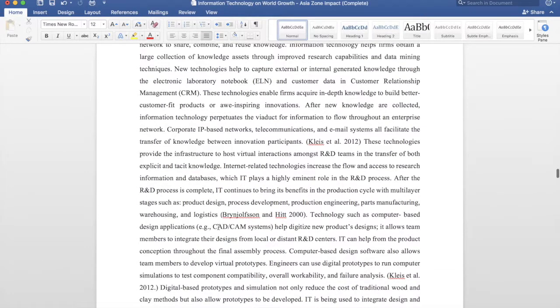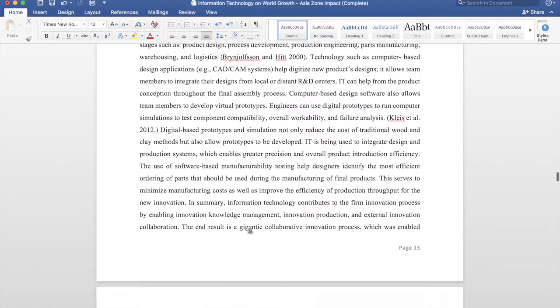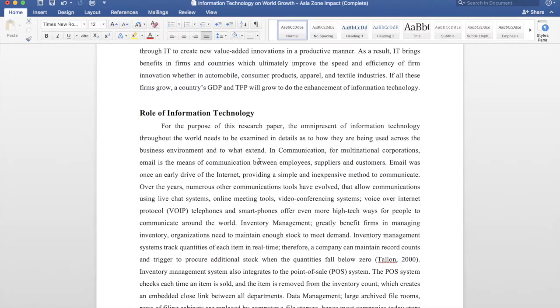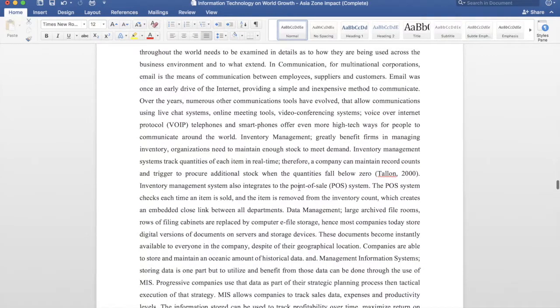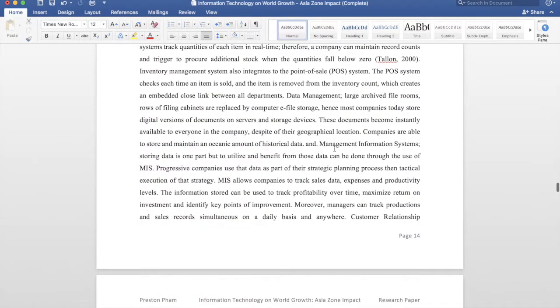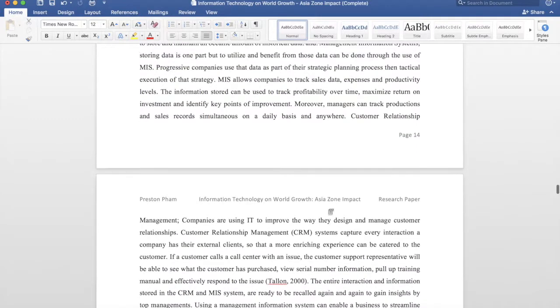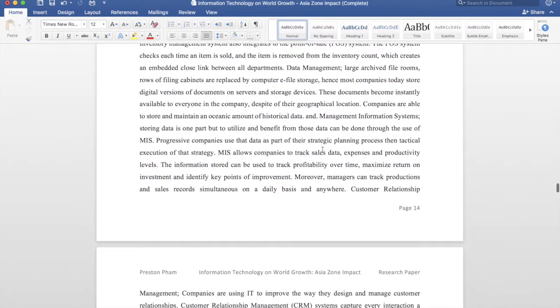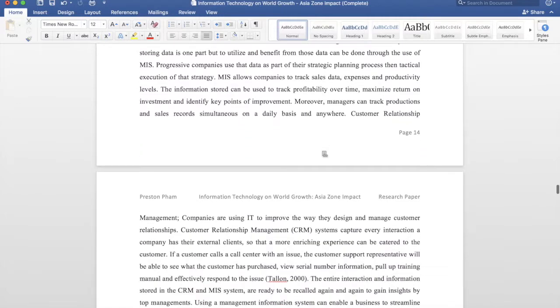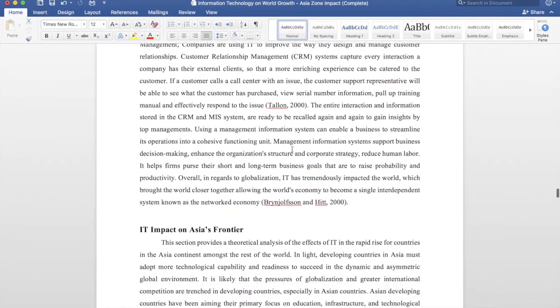IT also helps in design and production processes, such as CAD systems, and there is ERP, enterprise resource planning systems, VoIP, point of sale systems, and MIS, management information systems, such as databases, tracking all the data and analyzing it.